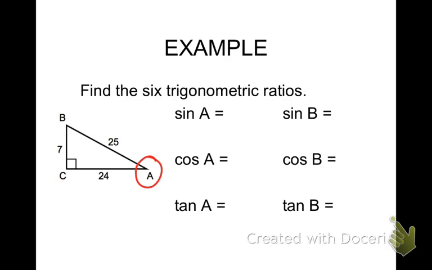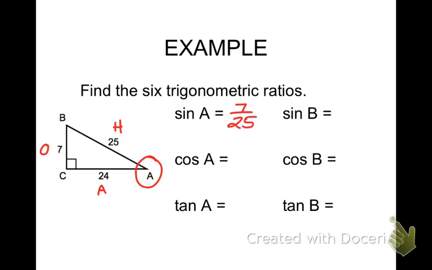So what would be the hypotenuse? The 25. 7 or 24 is opposite of A. 7, so I'm going to put an O there, which would make 24 be A. So sine is opposite over hypotenuse. What number divided by what number? 7 over 25. Now you can just leave it like that.